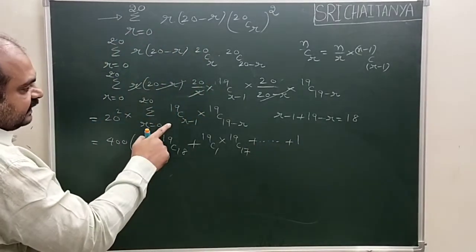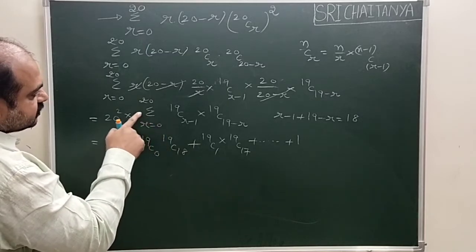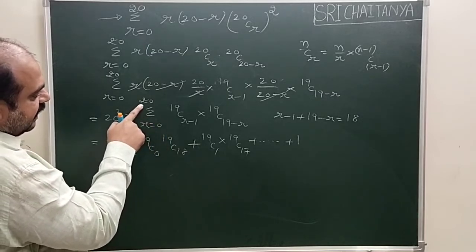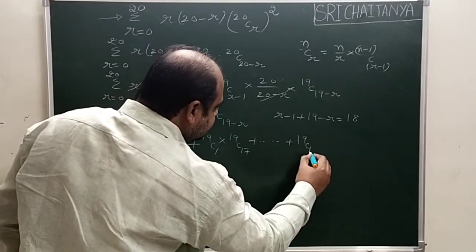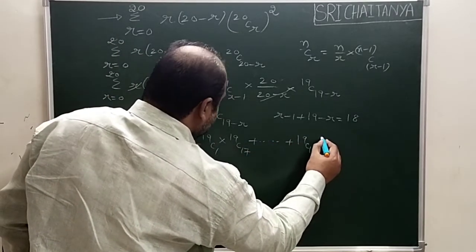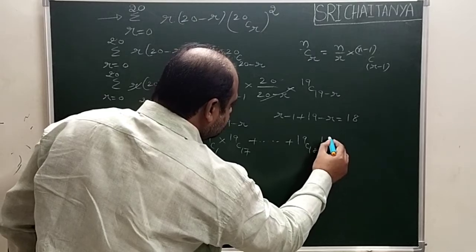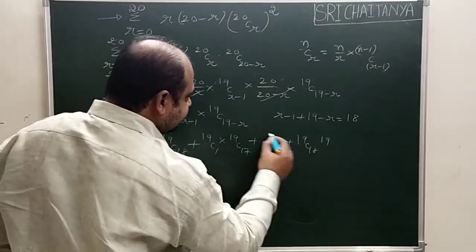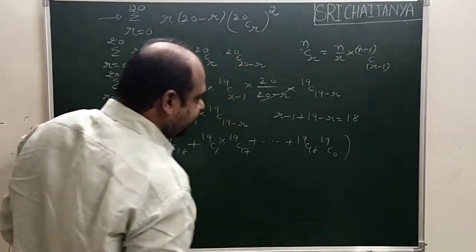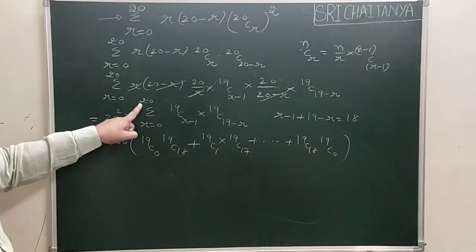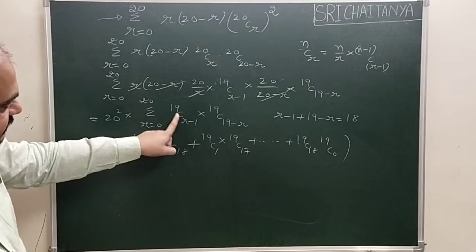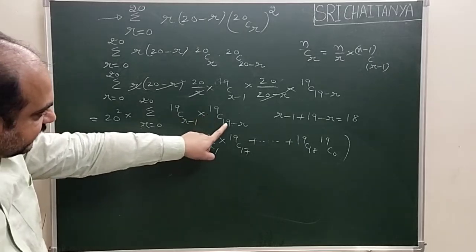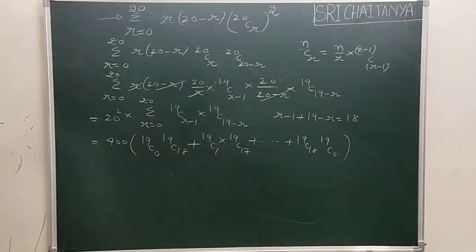Finally, if you substitute R equal to 19, then you will get 19C18 into 19C0. Then R equal to 20, it will not be defined, because 19C(minus 1) will be 0.